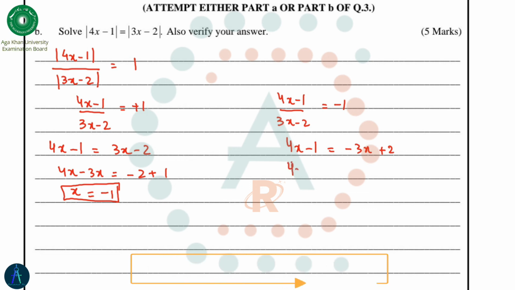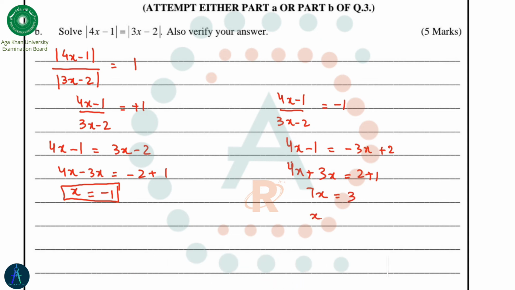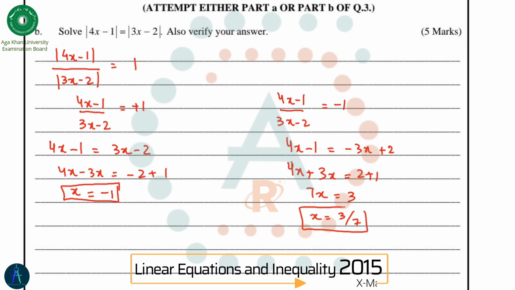So 4x plus 3x will be equals to 2 plus 1. 7x is equal to 3 and x will be equal to 3 over 7. यहाँ हमारे पास ये solution आ गए for this modulus equation.